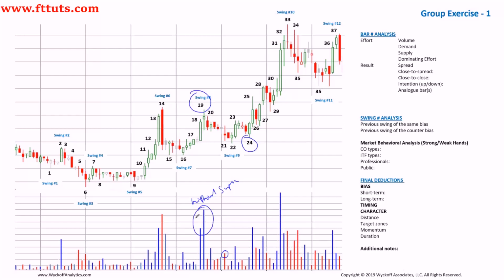Then we see how drastically supply diminishes throughout the whole structure. Meanwhile, within this structure, what do we do? Looking at where we are making a high low at 24, we are making an intermediate high at 23.